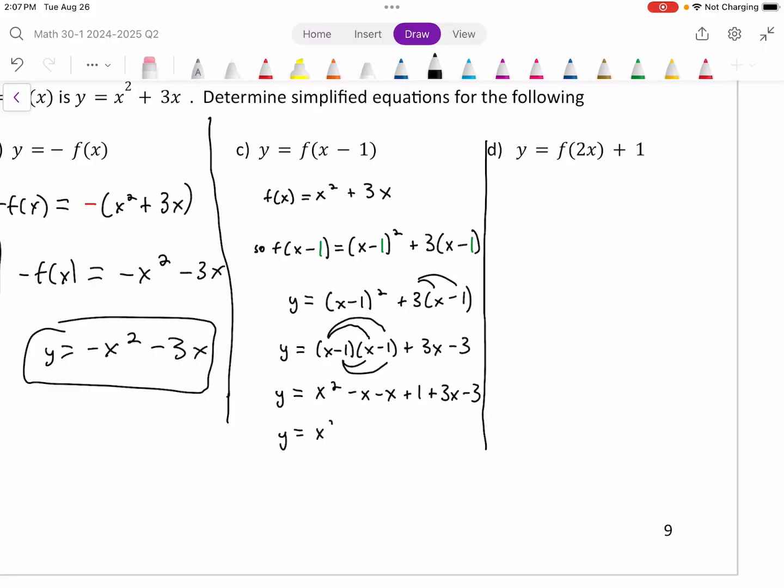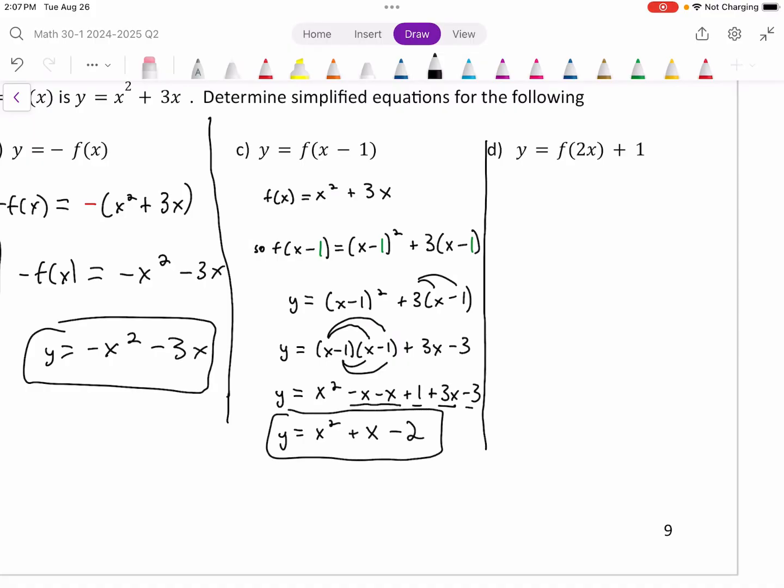So x squared minus x plus 3x, so that's minus 2x here, plus 3x, that's going to leave me with plus 1x, right? Negative 2x plus 3x, so plus 1x. And then plus 1 minus 3 leaves me with minus 2. And there we go.